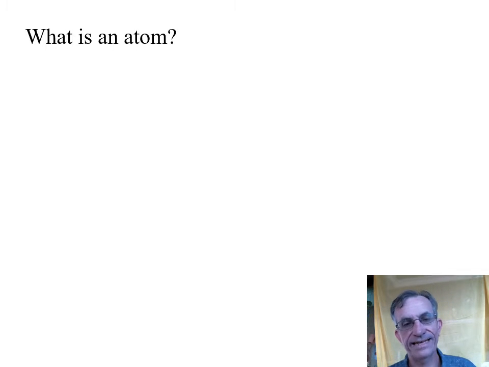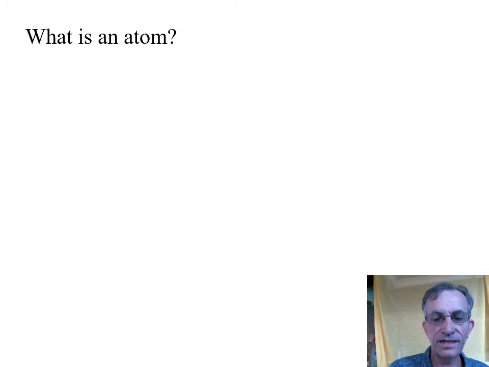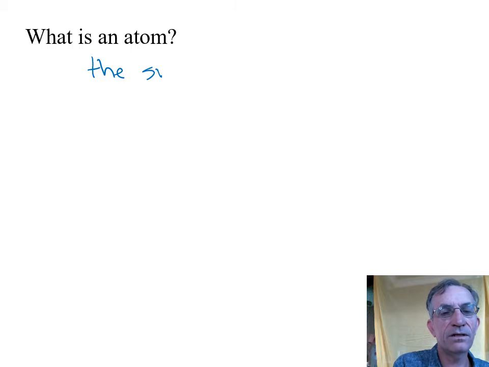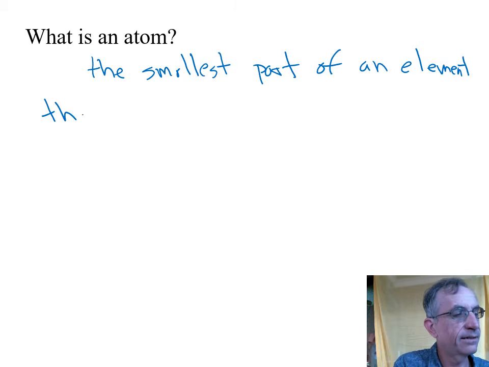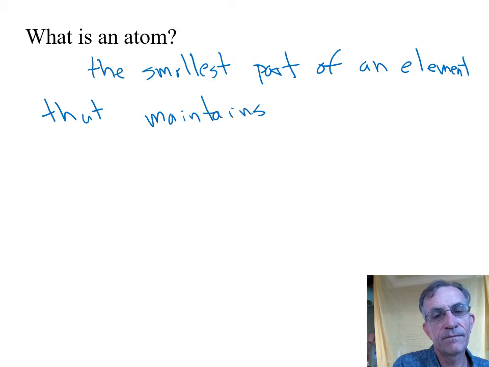Okay, so what is an atom? Let's start off by defining what I mean by that word. If you look it up in the dictionary, they're going to tell you it's the smallest part of an element that maintains its chemical identity.